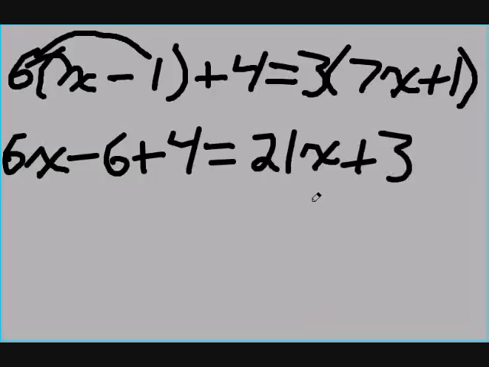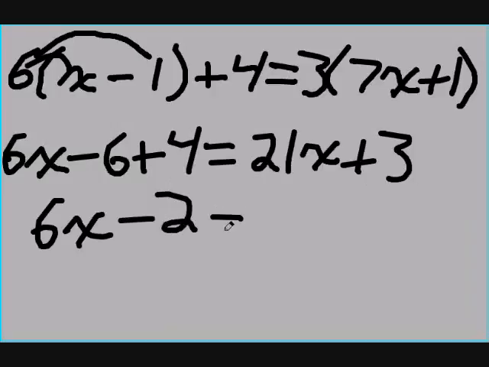Right? Now we want to get the x's to one side, the constants to the other. Before we do anything else, let's simplify this left hand side. You see a negative 6 and a plus 4. That's negative 6 plus 4, which is minus 2. So you get 6x minus 2 equals 21x plus 3.